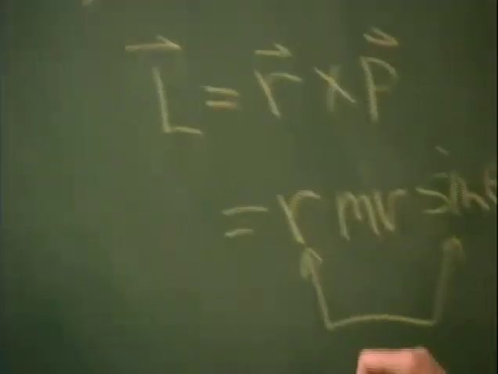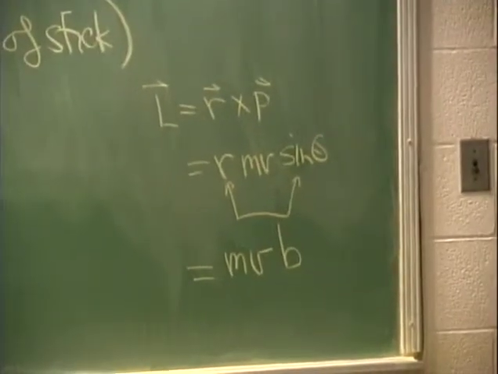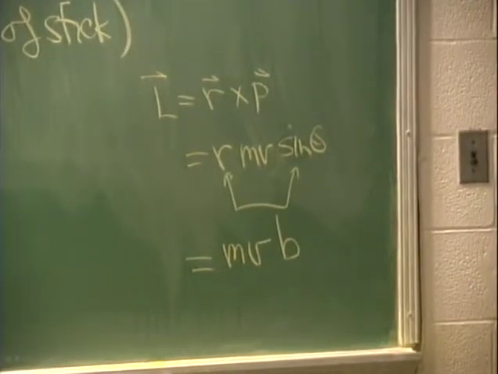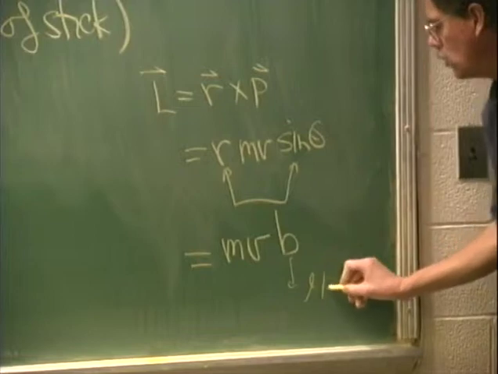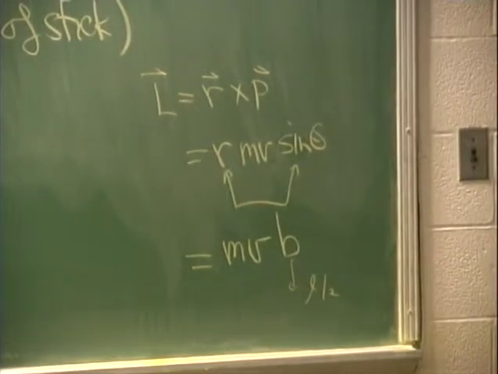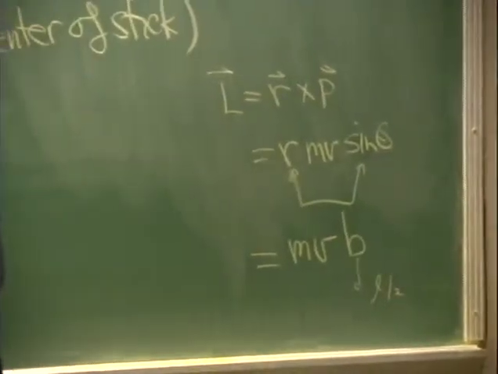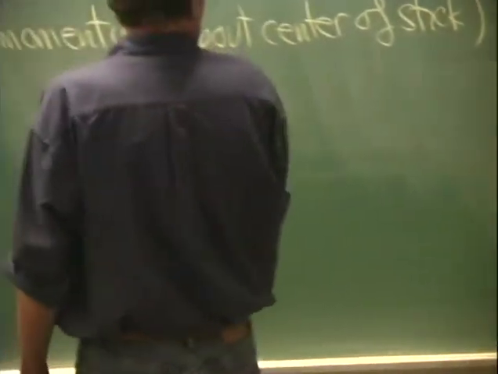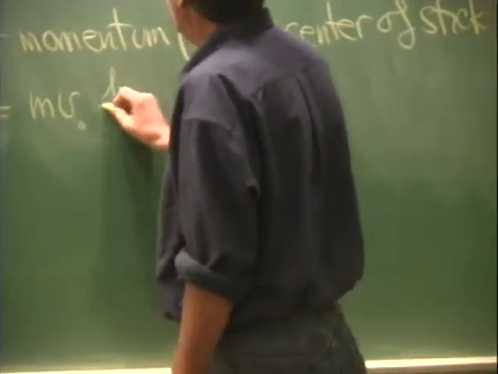So the rule that I'm trying to remember is it's mv times, let's call it b, the distance of closest approach from the trajectory to the point. In this case, L over 2. So the angular momentum of that thing as it was moving along before it hit was L initial equals mv0 times L over 2.